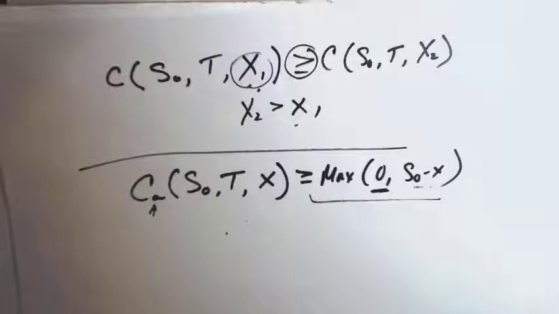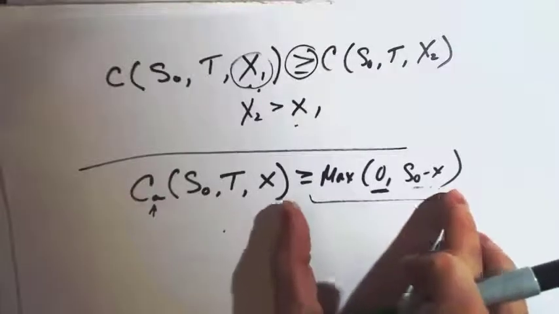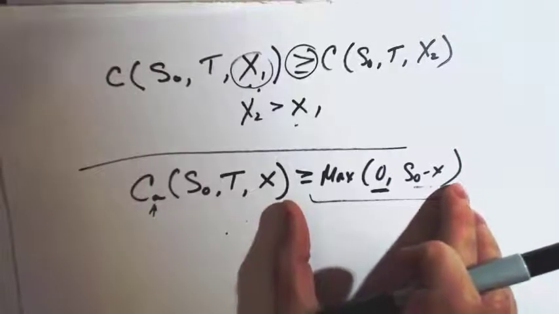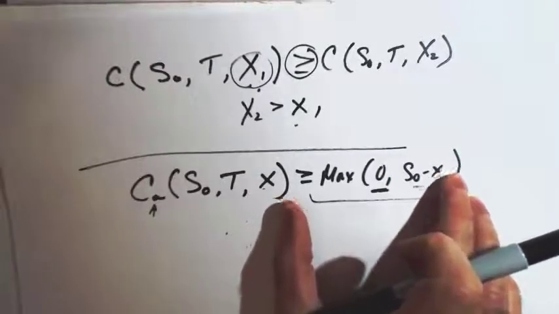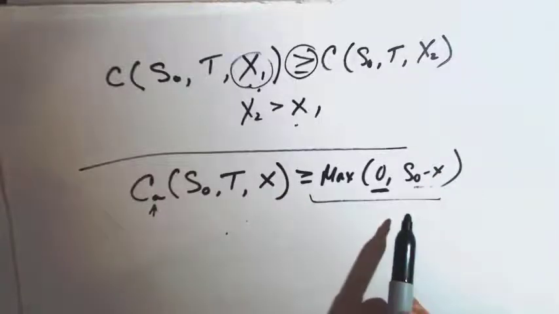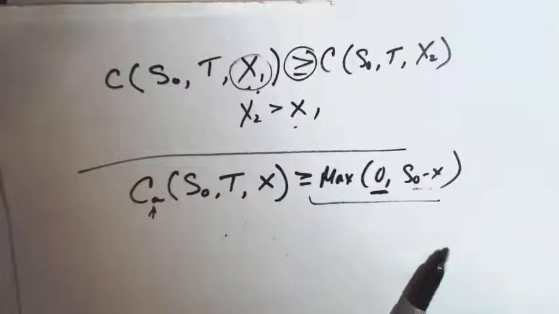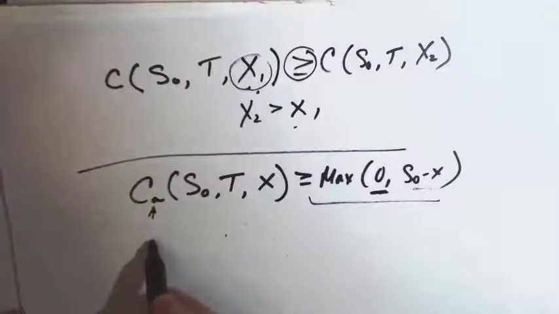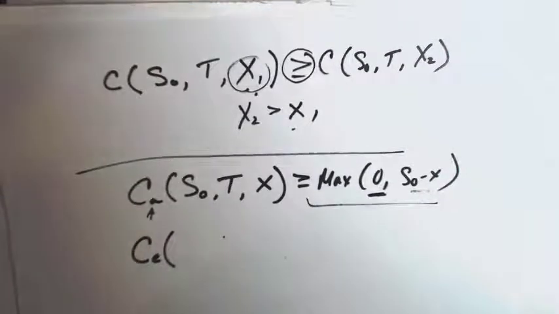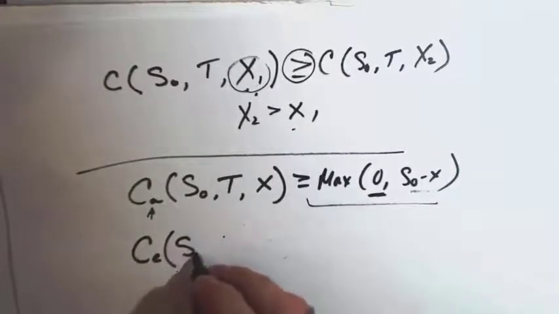So let's adapt this concept and try to massage this so it applies to a European option. So now the intrinsic value for a European call, and I'm going to denote the intrinsic value, and we're going to use that as a lower bound for the European call.